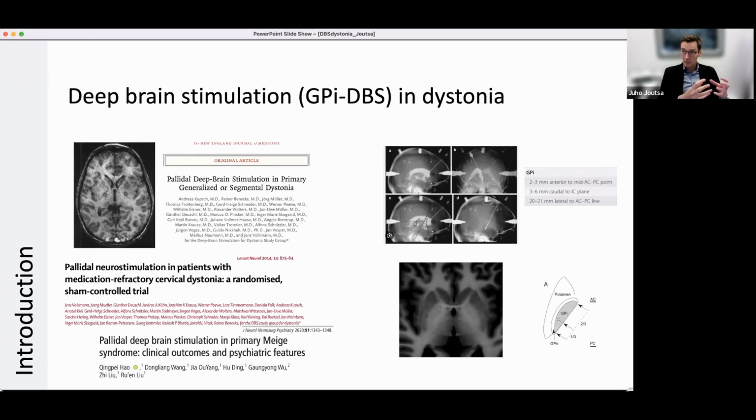Comparing pallidotomies with GPI-DBS, the clinical efficacy looks pretty similar, and that led us initially to think that maybe DBS works as a virtual lesion, but that turned out to be an incomplete explanation as well.